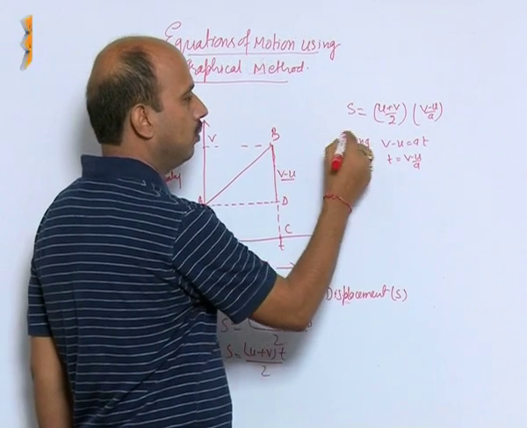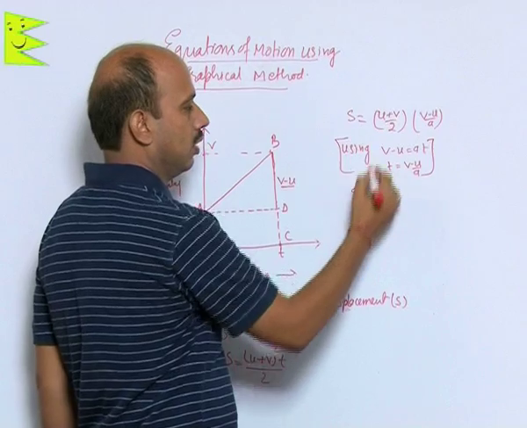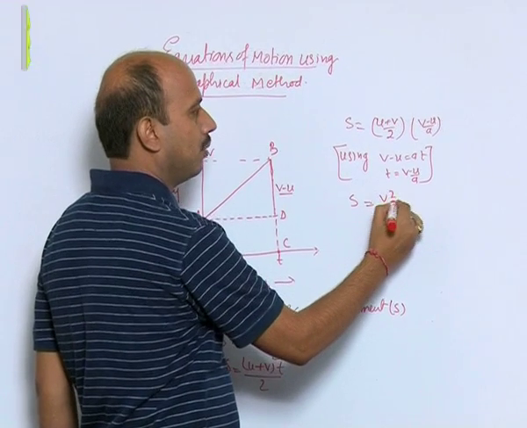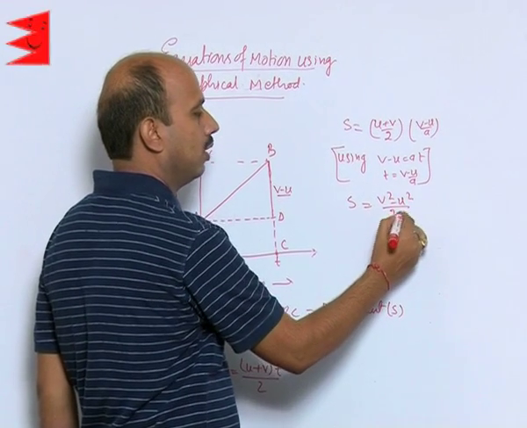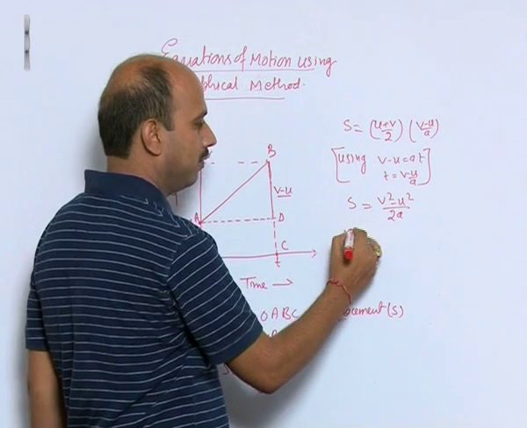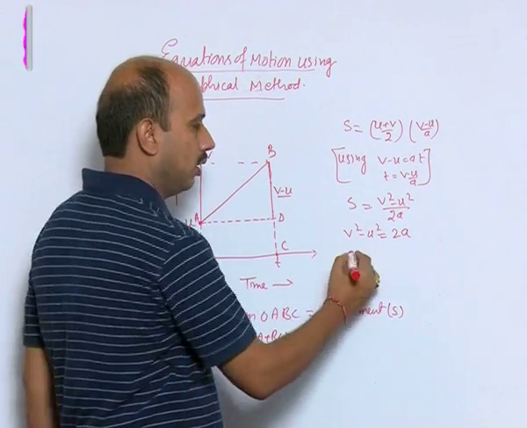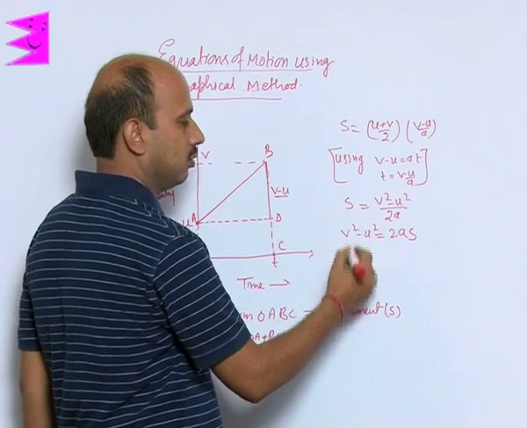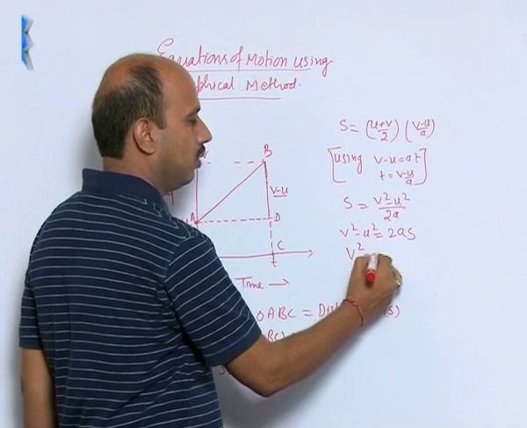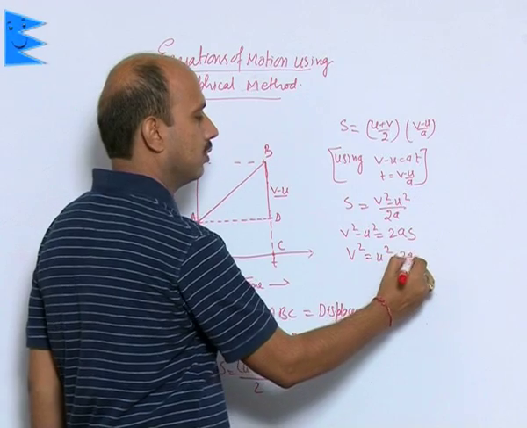S is equal to V square minus U square upon 2A. So V square minus U square is equal to 2AS. So V square is equal to U square plus 2AS.